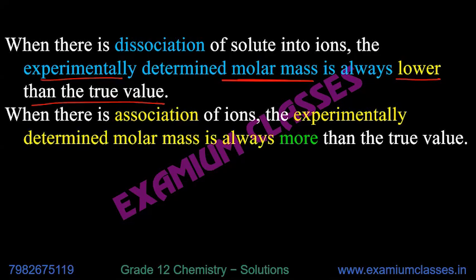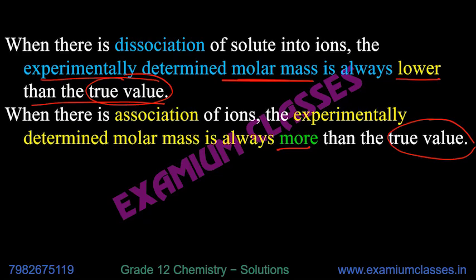True value means theoretical value. When there is association, the experimentally determined molar mass is more than the true value. True value is what we get when we are not considering ionization or dimerization, like that.